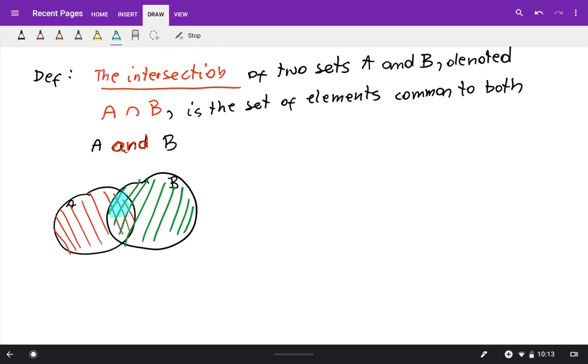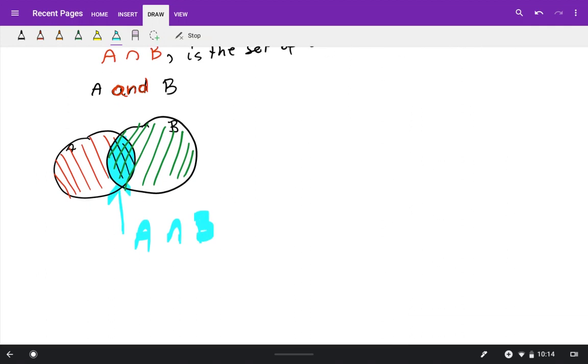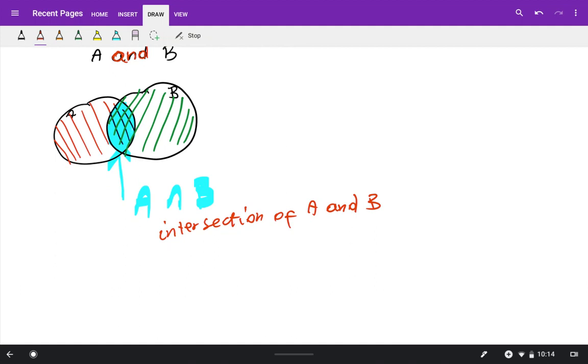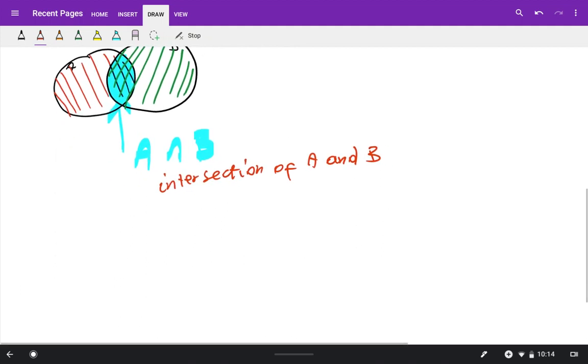Those are the elements which belong to set A and set B, the common elements. So this is A intersect B, the intersection of A and B. Union is all elements together, you're adding, while intersection is just the common part.